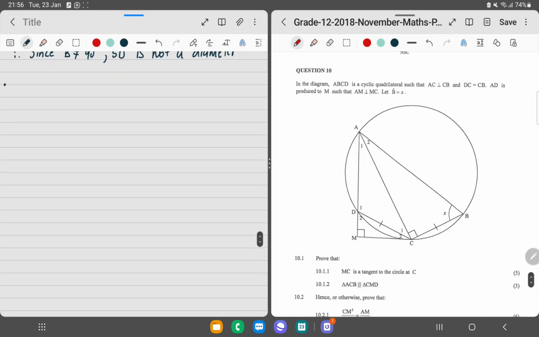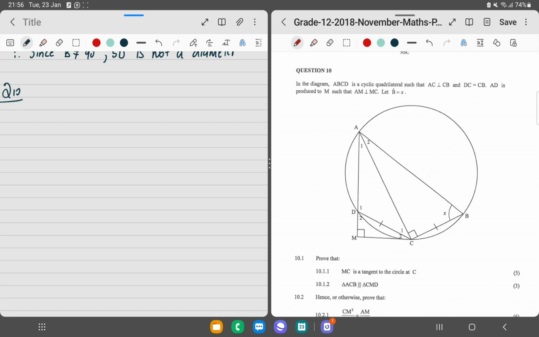Question 10. In the diagram, ABCD is a cyclic quadrilateral such that AC is perpendicular to CB and DC is equal to CB. AD is produced to M such that AM is perpendicular to MC.